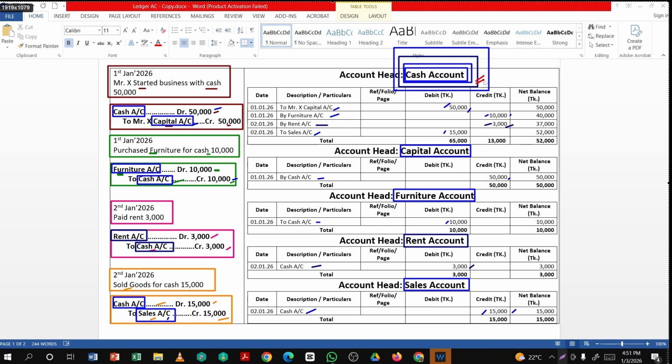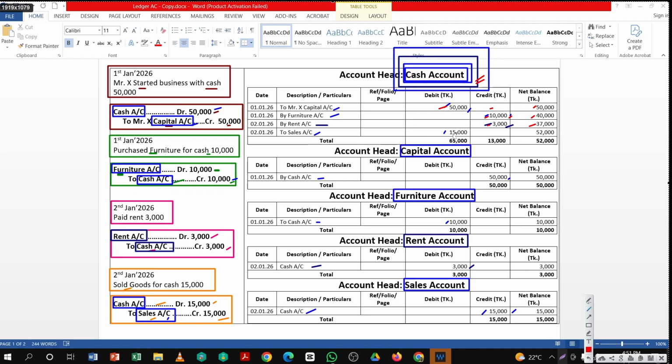At first, cash account, 1st January, debit 50,000, credit nil, so balance 50,000. Second transaction by furniture account, credit 10,000, so net balance will be 50,000 minus 10,000 equal to 40,000. By rent account, credit 3,000, 40,000 minus 3,000, balance 37,000.